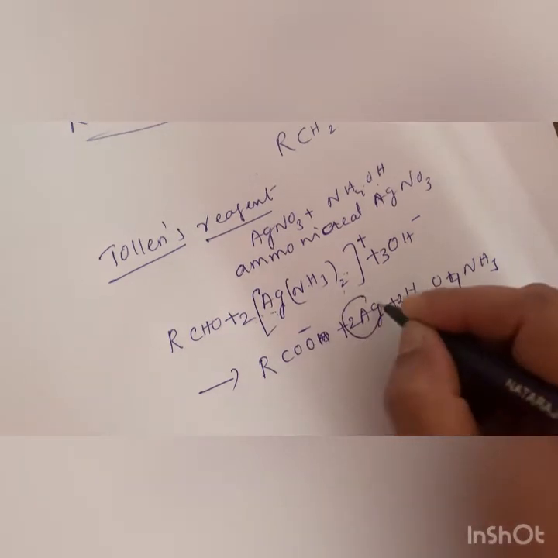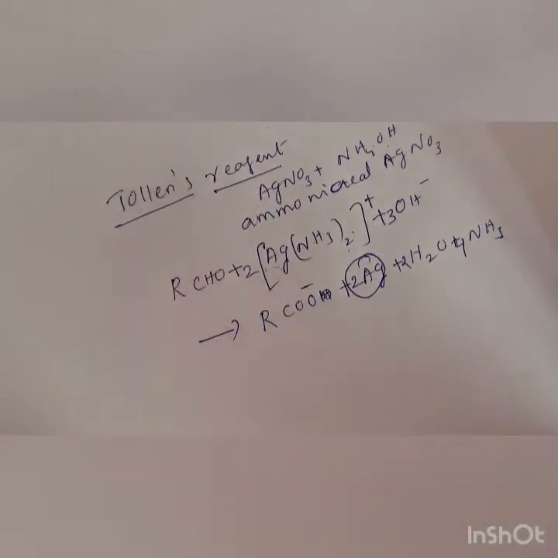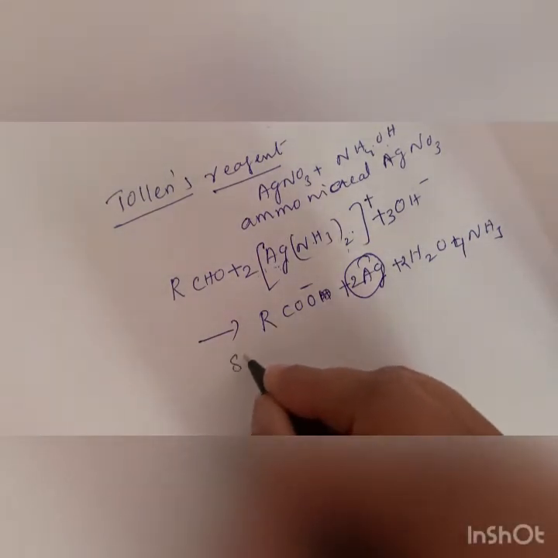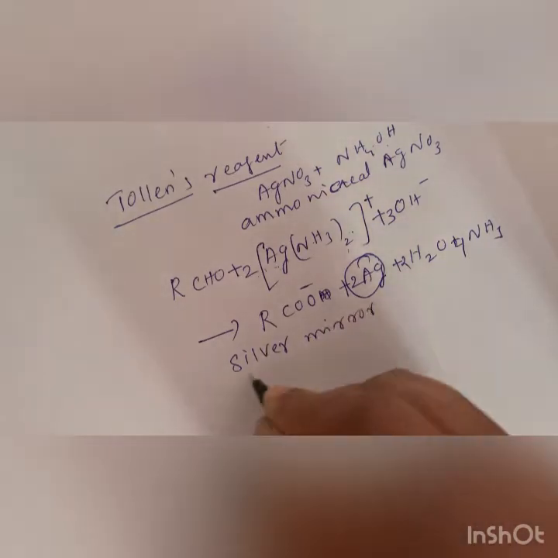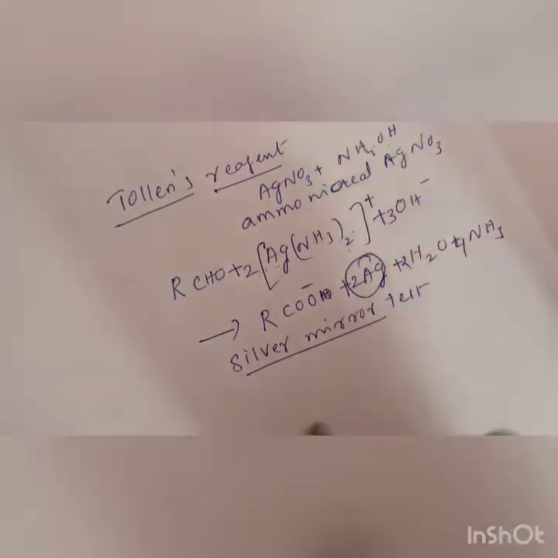You can see the deposition of silver. Therefore this is also known as the silver mirror test. This is the test for aldehyde. The silver mirror test you can use to distinguish between aldehyde and ketone. What does the silver mirror test mean?